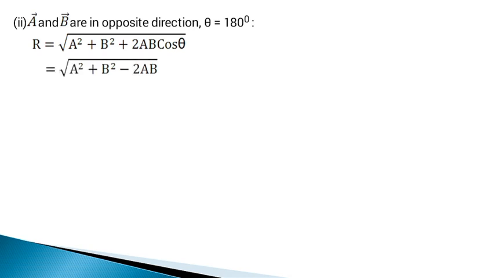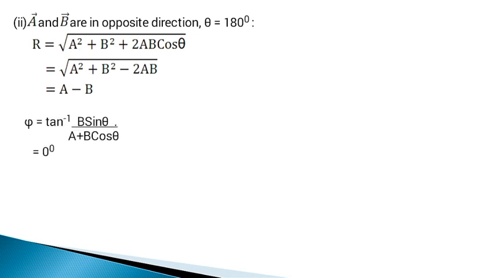So this is going to lead to R equals root over A square plus B square minus 2AB, and this is equal to A minus B whole square. So this will lead to R equals A minus B. If the vectors are acting in opposite direction, the magnitude of resultant vector is obtained by the difference between the magnitudes of the two vectors.